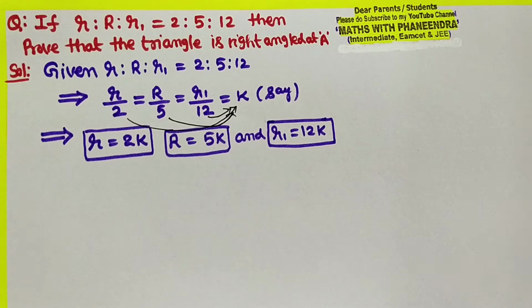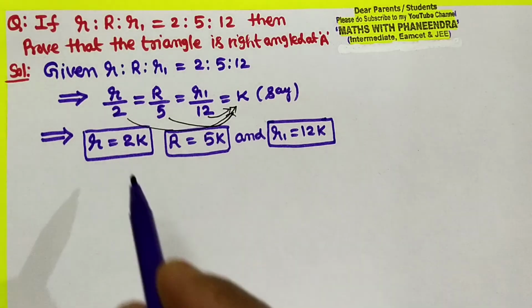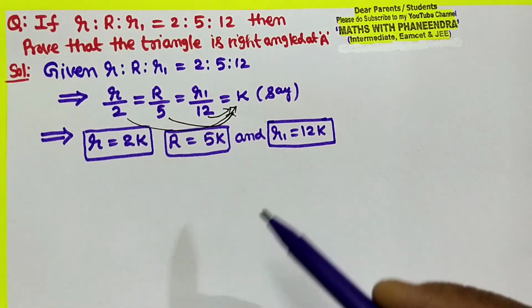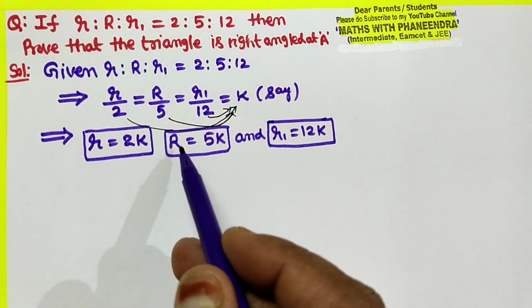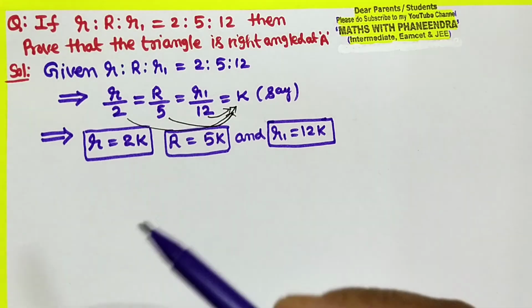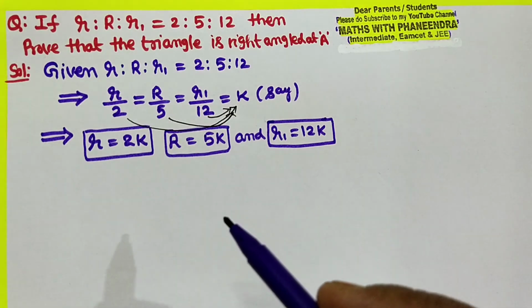Can we express 10k in terms of capital R? We can write 10k as 2 times 5k, and 5k is equal to capital R. So whenever the difference of any two is a scalar multiple of the third one, you will get it.